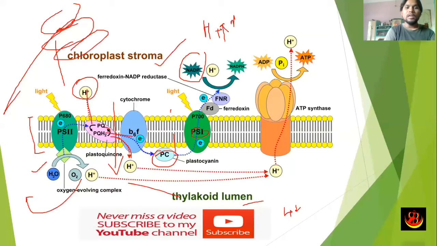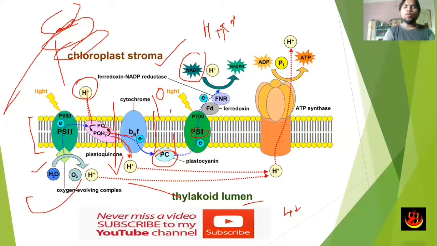Okay, remember protons can pass the membrane easily, but they cannot pass back to the stroma. It is not allowed naturally. It is allowed to pass through integral membrane proteins, so they can pass easily to the lumen, but they are not allowed to pass back to the stroma.